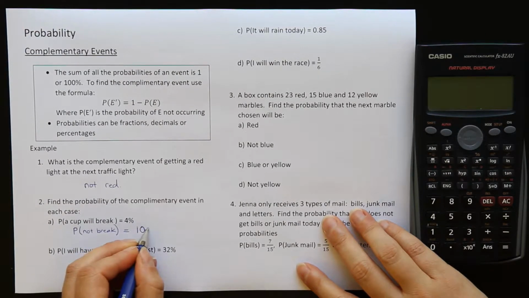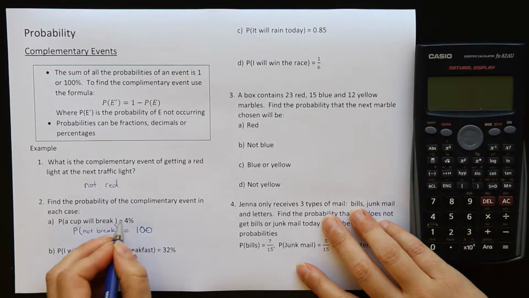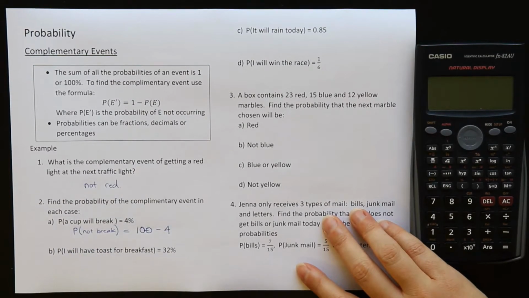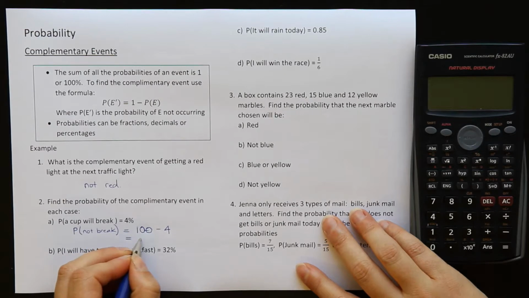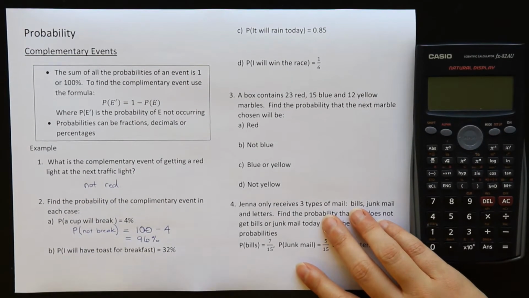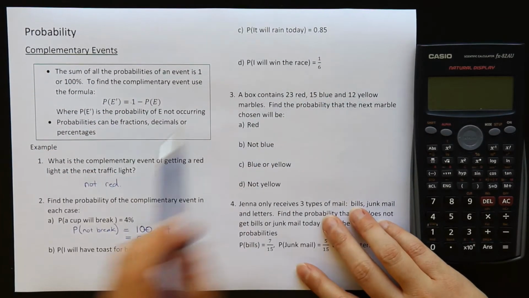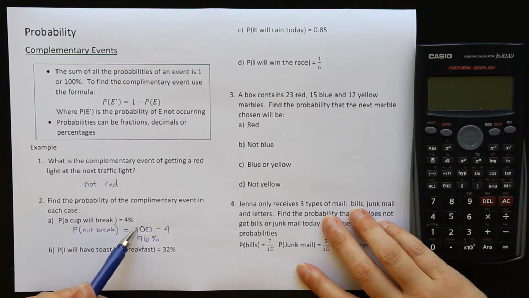We're going to have to do 100 minus the probability that it will break, which is 4%. So that's going to be 96%. We use 1 if we have a fraction or a decimal, but if we have percentages, we have to use 100% for our starting amount.